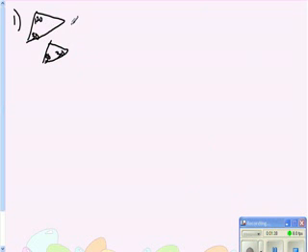You do need to find out what the missing measures are. So if this is 120 and this is 30, together that's 150. That means I have 30 degrees left, so that goes there because I have to add up to 180. So if these two are 30, this one's going to have to be 120, which means, yes, they are similar because all the angles match up.